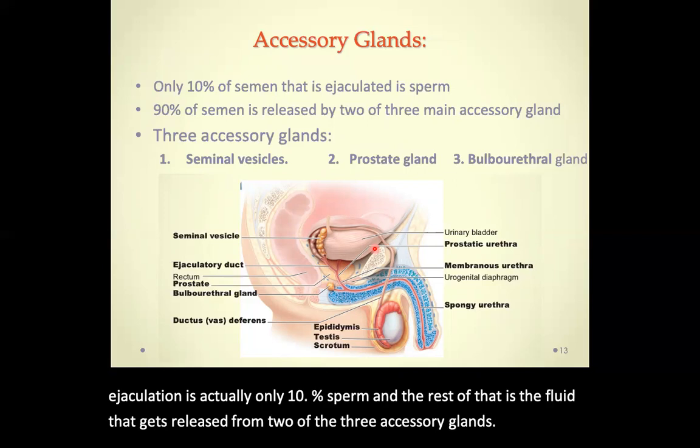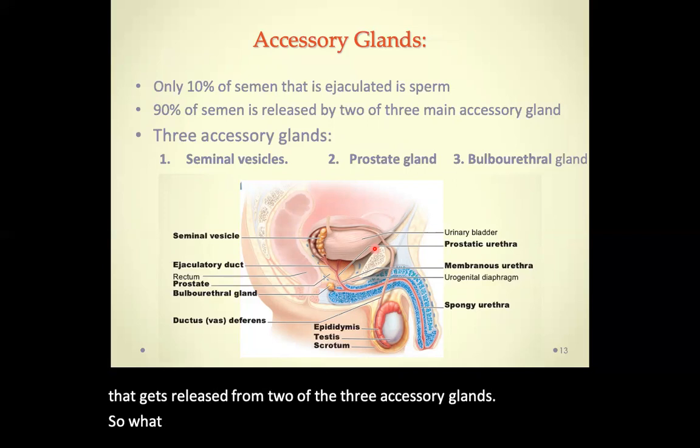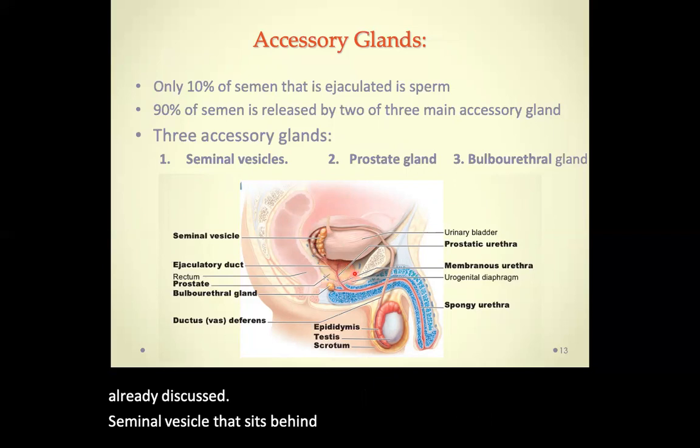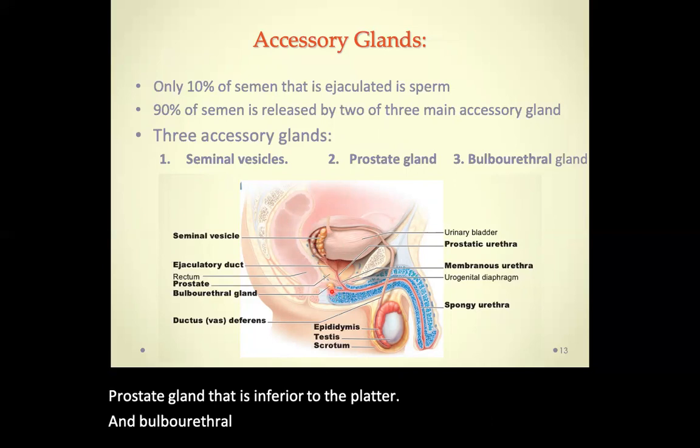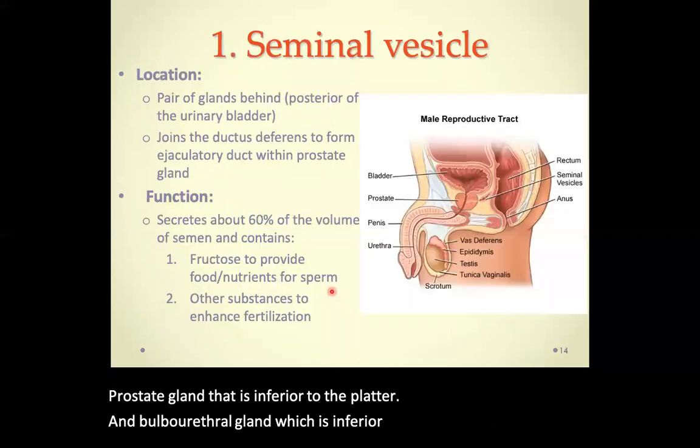So, what are these accessory glands? Again, reminding you of what we already discussed: the seminal vesicle that sits behind the bladder, the prostate gland that is inferior to the bladder, and the bulbourethral gland, which is inferior to the prostate gland.